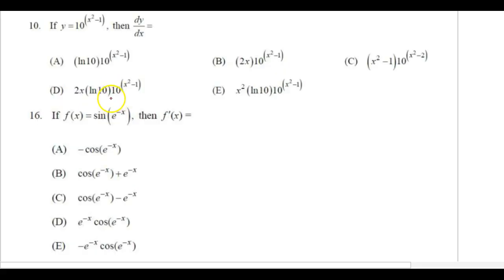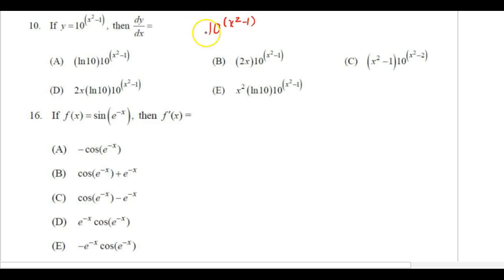Now we'll look at two more AP level questions. So if y equals 10 to the power of the quantity x squared minus 1, then what is the derivative of y with respect to x? So this is just a straightforward application of our rule. So I have a general exponential, so I'm going to have that entire term repeated. So I'm going to have 10 to the x squared minus 1.